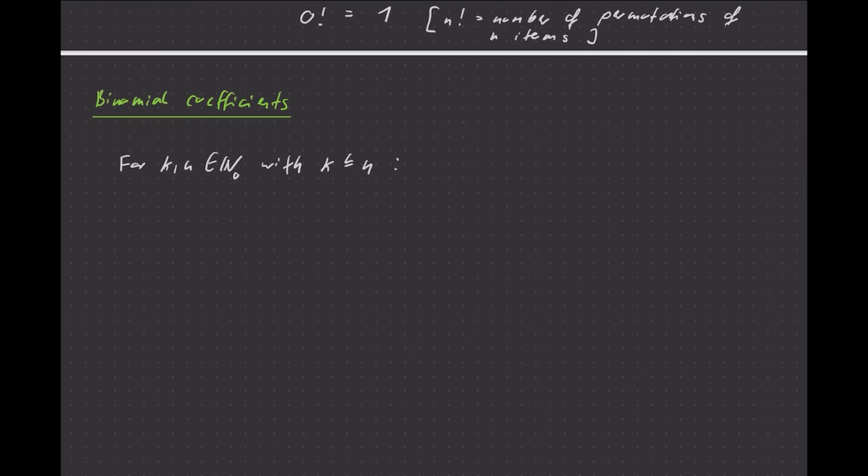We define the so-called binomial coefficient of n choose k, written in this way here, pronounced n choose k, or sometimes also n over k.